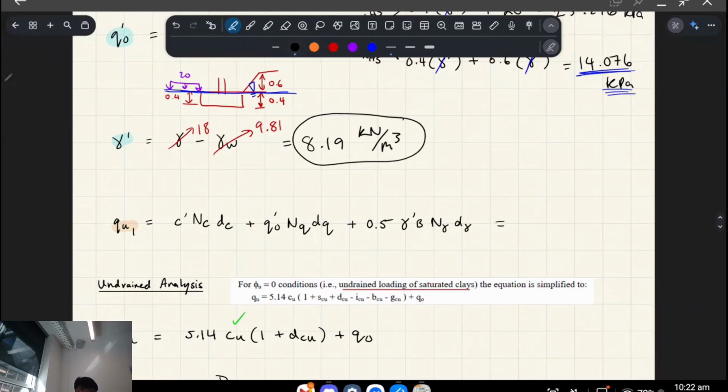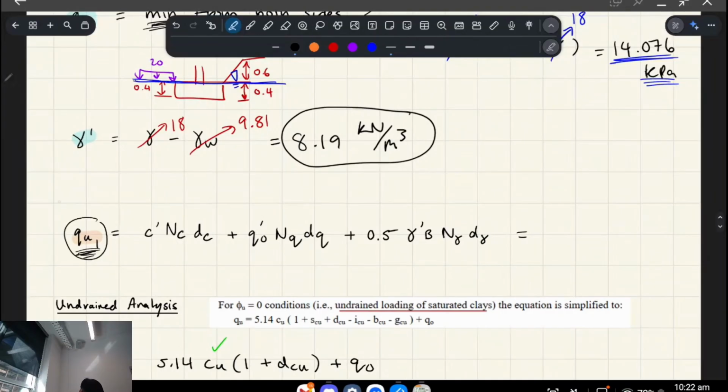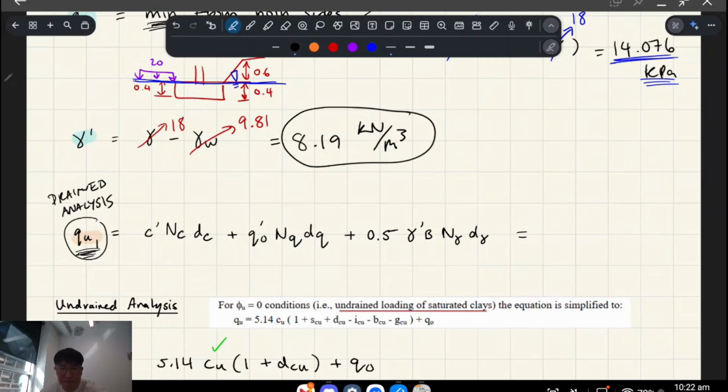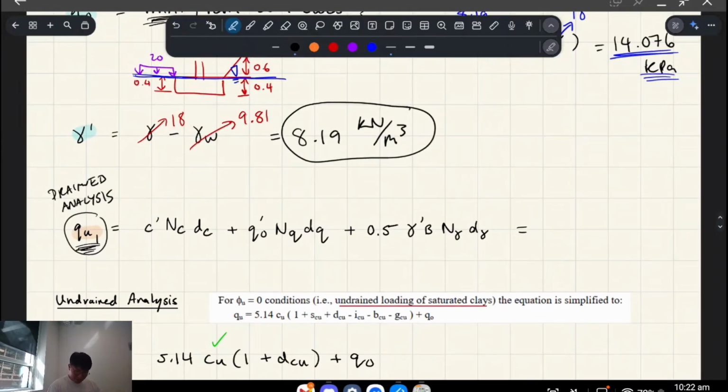Okay, QU, right, is our overall drained analysis bearing capacity, right, for the shallow foundation. And one second. And we're going to plug in everything now that we know, right? So phi was a material property given at the start.